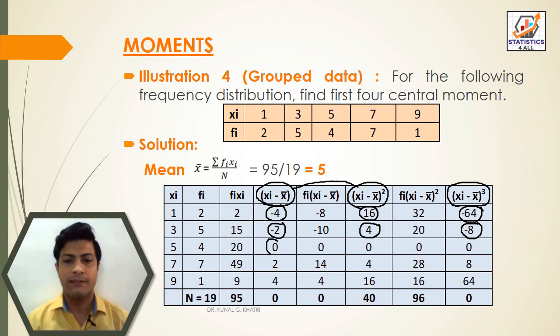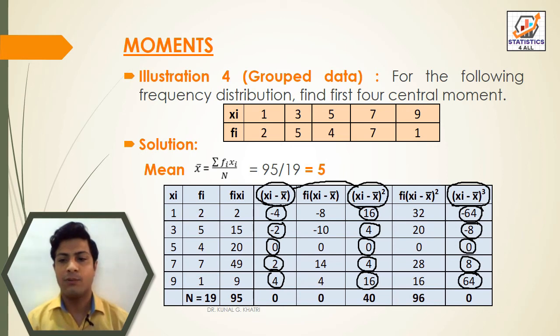Then 0 into 0, we have 0. 2 into 4, that is equal to 8. Then 4 into 16, that is equal to 64. Now we take the sum of xi minus x bar whole cube, we get answer 0.